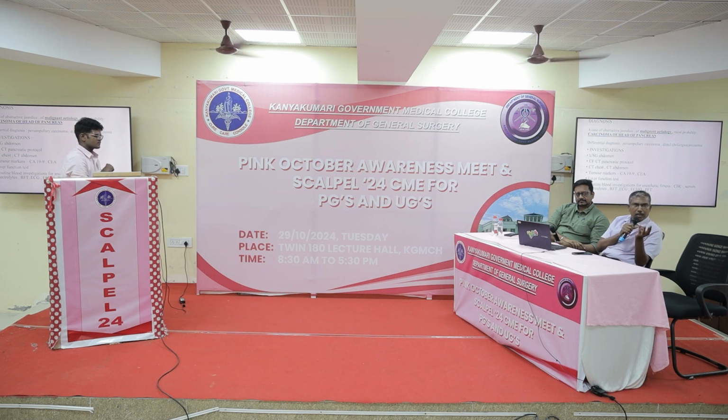If the patient is jaundiced, then you need to find out whether it's a medical jaundice or a surgical jaundice. If it's a surgical jaundice, the classical features will be clay-colored stools, pruritus, and of course certain other features like in obstructive jaundice.